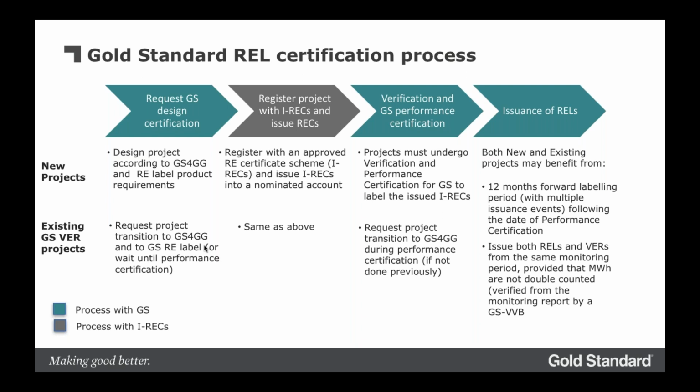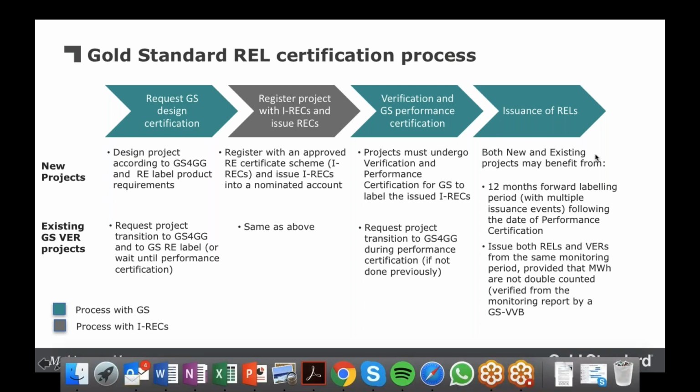And in this case, it will focus particularly on the sustainability attributes of the project and ensuring that the safeguards have been followed, as well as the stakeholder engagement. But Gold Standard would not focus on the actual generation of electricity, because that check has already been done by I-REC and the actual certificate has been issued by I-REC.